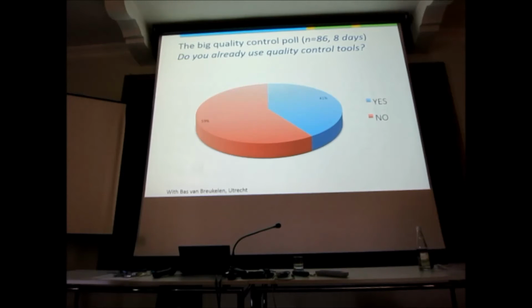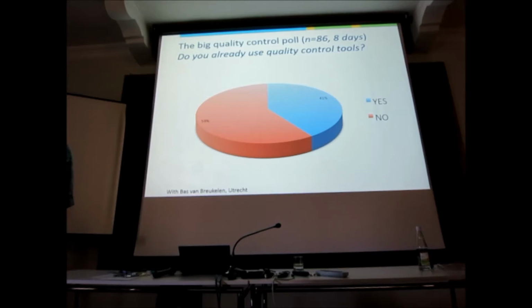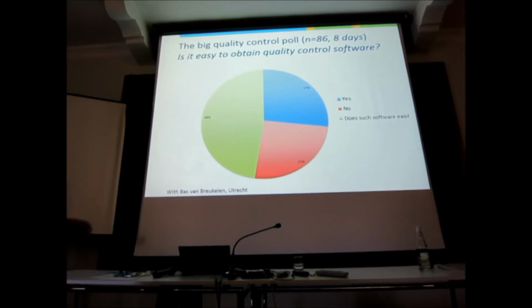Anyway. So then, do you already use quality control? Shockingly, 59% says no. Nothing. Again, silence. Shocking. Then, is it easy to obtain software to help you do this? And Bas originally on the poll had yes, no, and then I whimsically added, does such software exist?